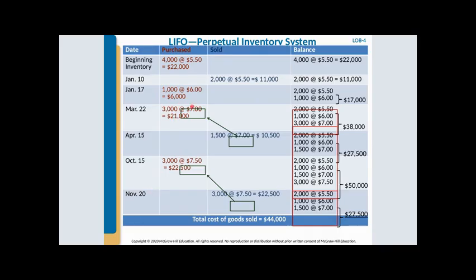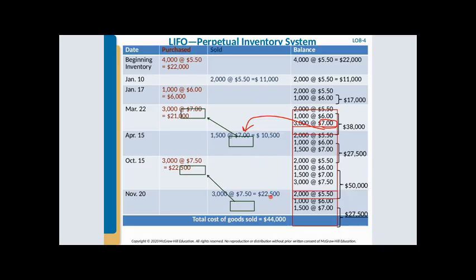I'm sorry, the boxes shifted when I uploaded the file, but if we're using the perpetual inventory system, for every sale we have to keep track of the different layers. It's best if you put it in order. That way, we know that every time we have a sale, it comes out from the latest purchase, which will be allocated to the units that are sold, and then the oldest ones will remain in inventory.